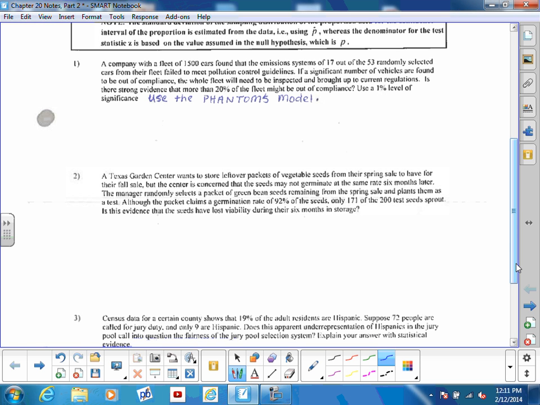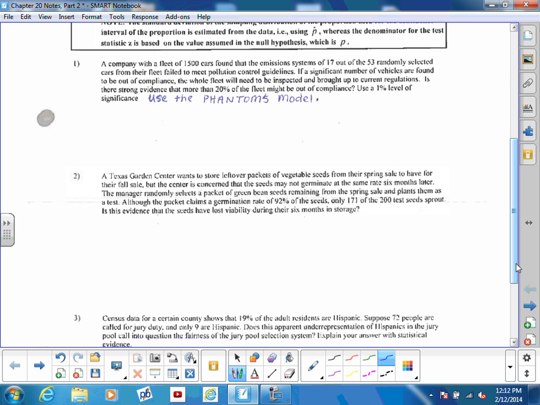So what they're doing is taking a sample and then inferring about the proportion that failed to meet guidelines in the entire fleet. What does that do if you can do one sample instead of testing the entire fleet? That's saving a whole lot of money, for one. It's also sometimes, you're going to be inaccurate if you're trying to do everything because there's so many and so forth. So sometimes there's inaccuracies when you try to get a whole census.